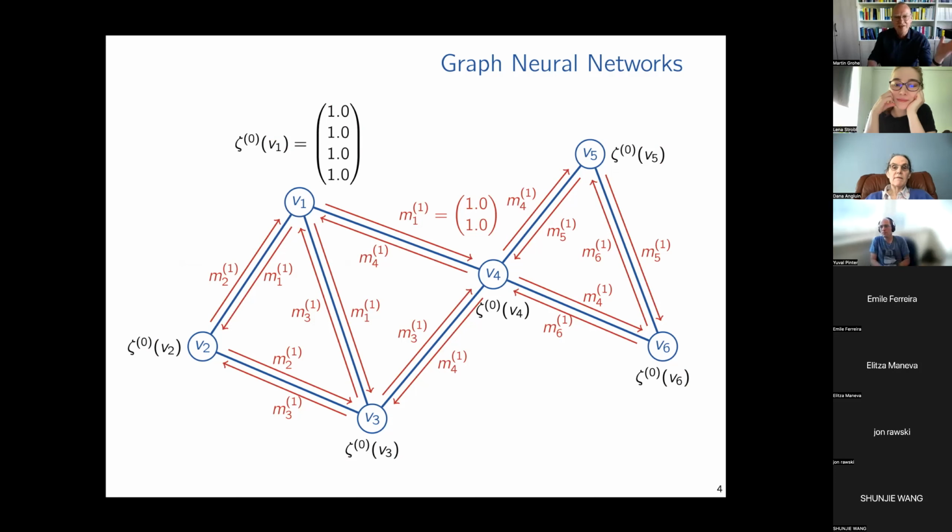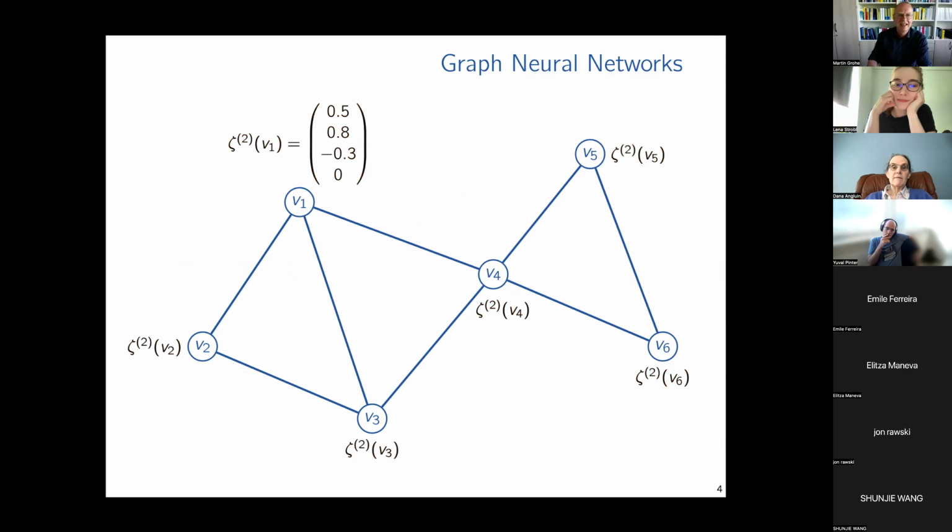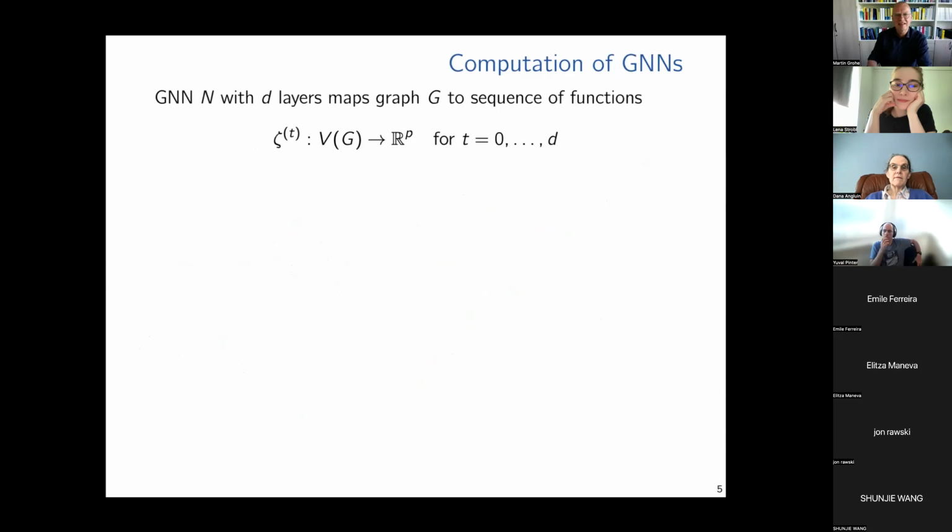So now we have a new state. Based on this new state, we send new messages, we update the state, and so on. And basically, well, in the basic model, we do this for finitely many rounds. Basically, the functions that we apply in each of these rounds or in each of these layers are different functions.